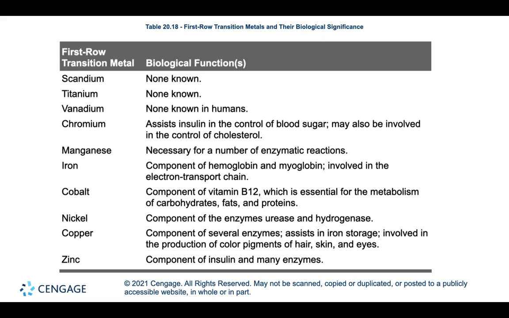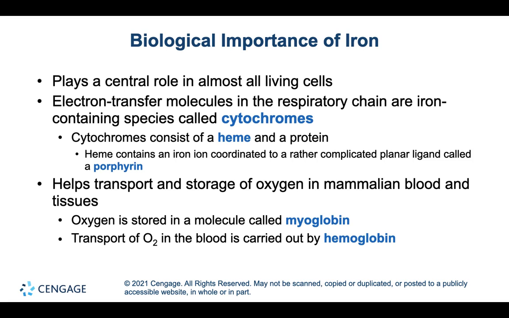Examples of this: chromium is important in blood sugar, manganese in various enzymes, iron in hemoglobin and myoglobin and in the electron transport chain, cobalt's in vitamin B12, nickel is used in different enzymes, and copper is used in different enzymes, and also zinc is important in insulin and many enzymes.